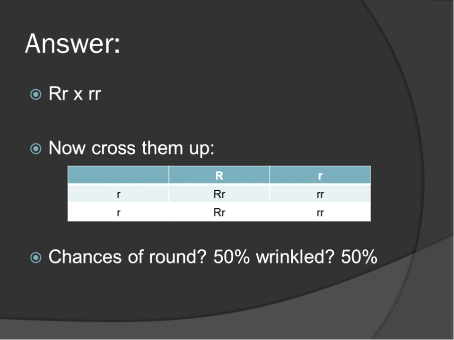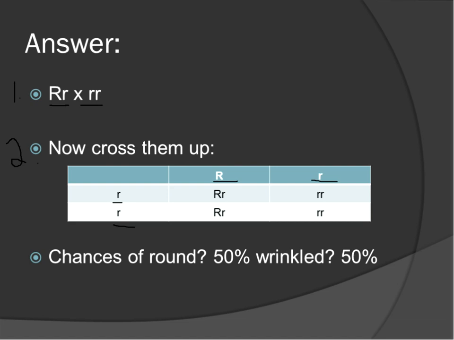Okay, so then you're going to cross them up. So we have big R, little r with little r, little r, which is the correct answer from before. The second step, so after figuring out what you're crossing, is then you cross it. So you put a big R, little r on top. That's one parent. And we have a little r on the left. That's the second parent.